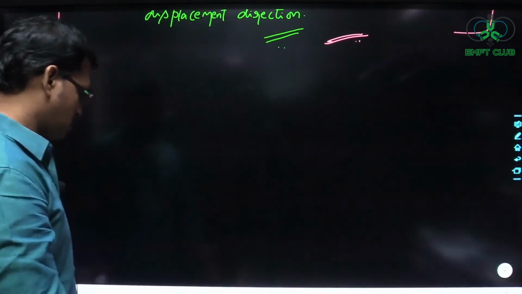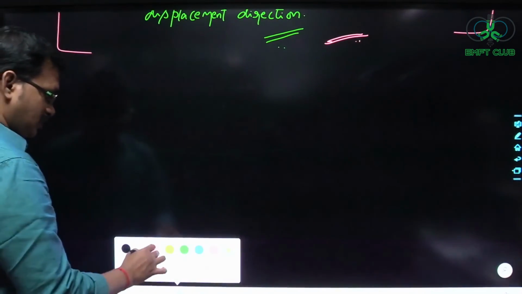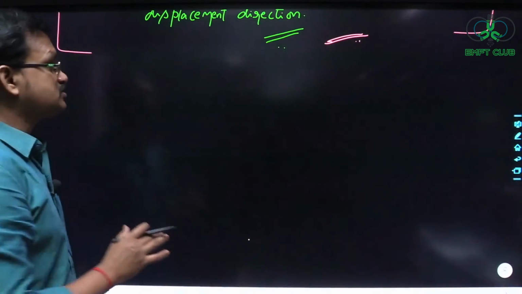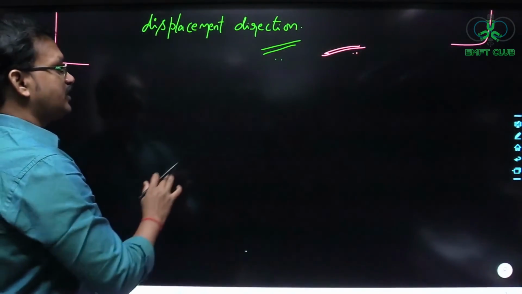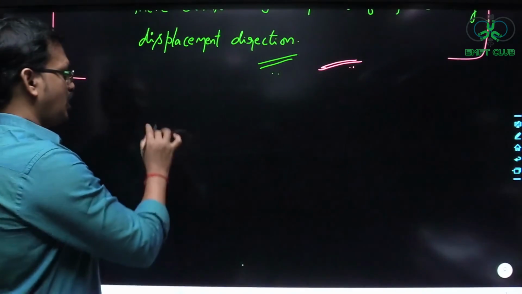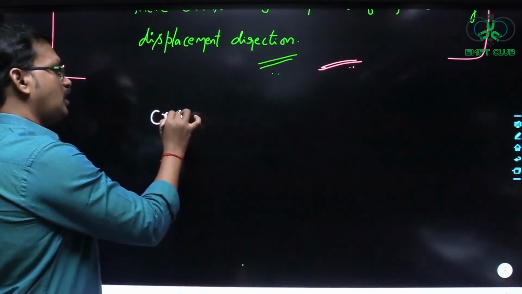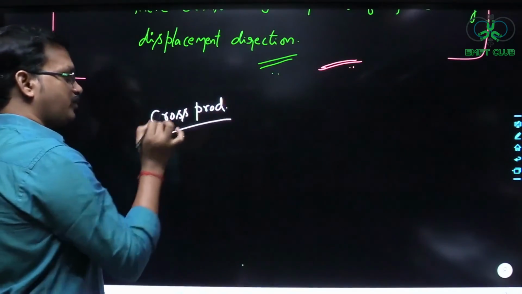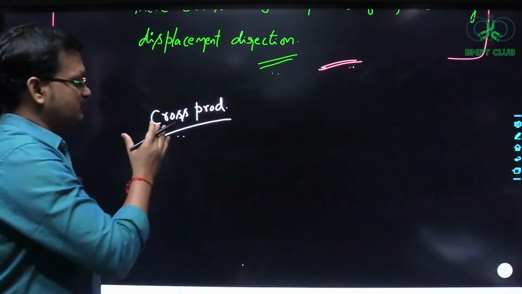With this lecture, I am winding up this session. In the next lecture, I am going to explain the cross product and its physical interpretation, and we will see some examples for cross product.